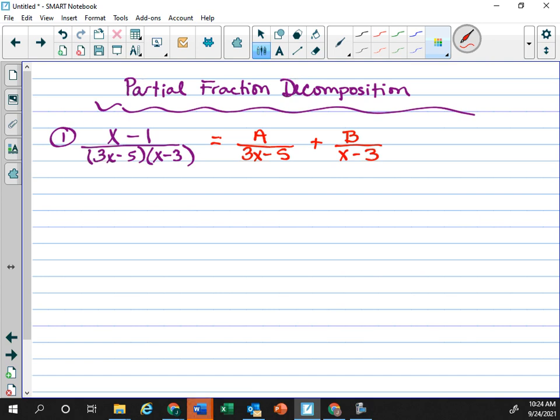So the first thing I'm going to do is multiply the entire thing here by 3x minus 5 and x minus 3. Why do you think I'm picking those two things? Exactly. To get rid of the denominators, we don't want these huge fractions that we're dealing with. So on the left, everything will cancel out, and I'll just have x minus 1.